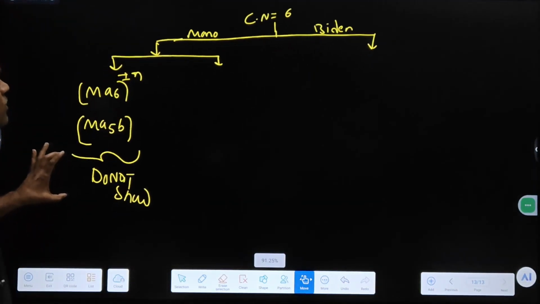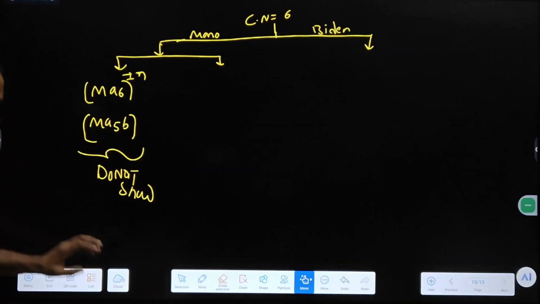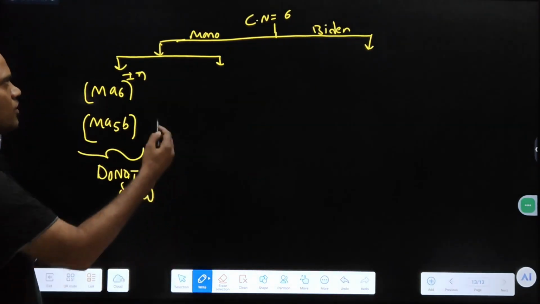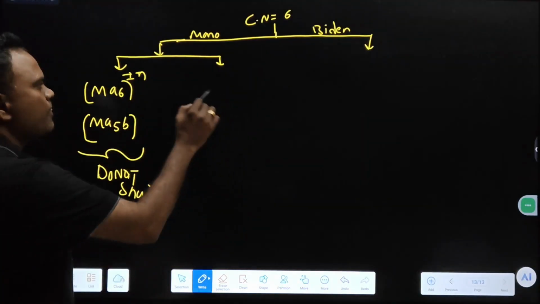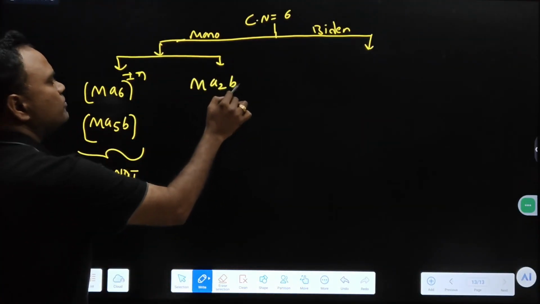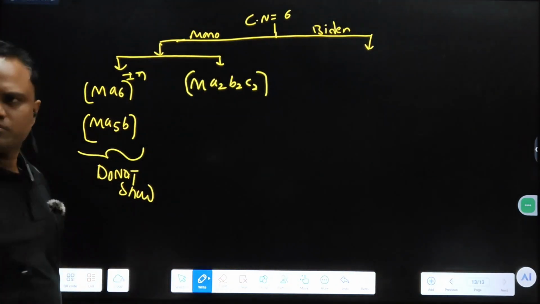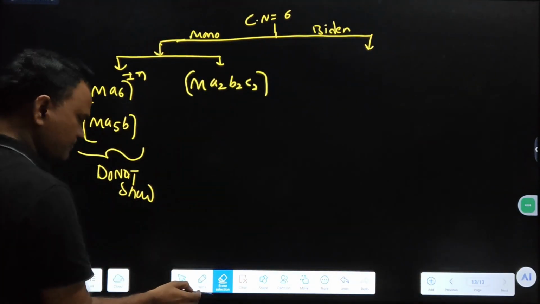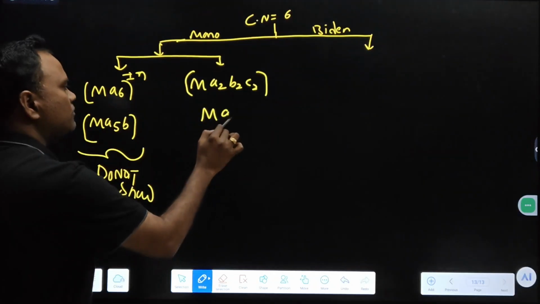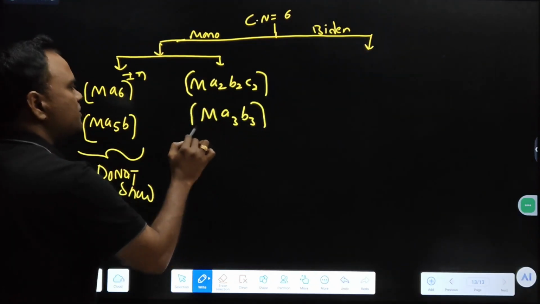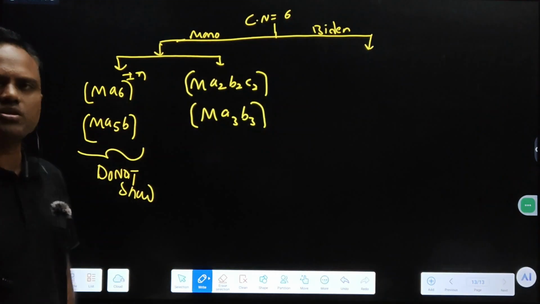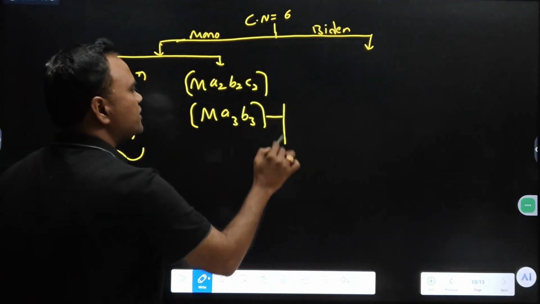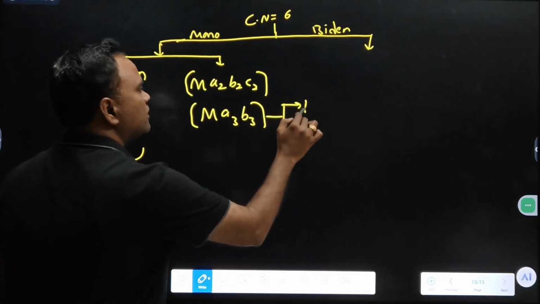Just tell me. Okay. And which show? MA2B2C2. MA3B3. One special type, geometrical isomerism shown by MA3B3 type complex is called facial and meridional, a separate type.